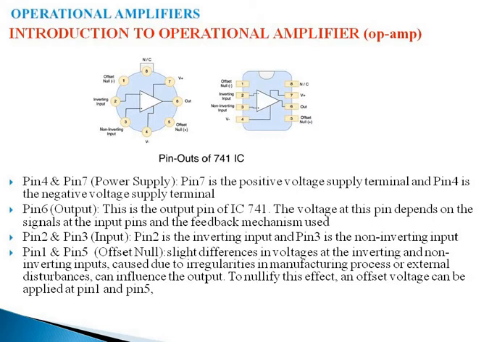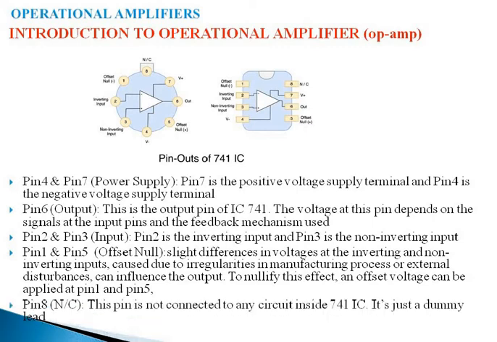But due to the irregularity of the manufacturing process, even though no input voltage is applied, there will be some output voltage. So the input voltage to be applied to the input in order to nullify this output voltage is the input offset voltage, and that is applied through pin 1 and 5.